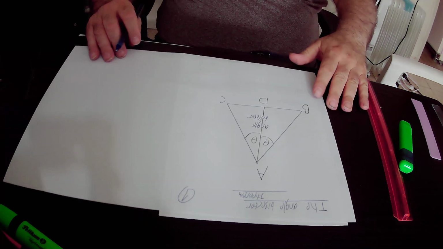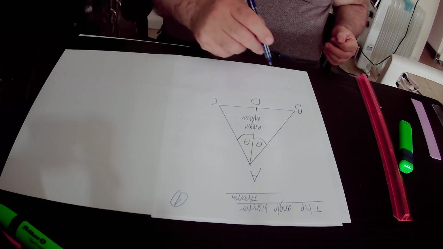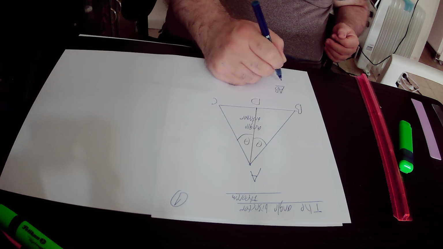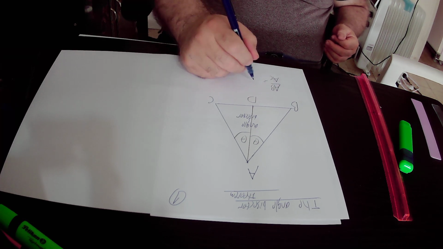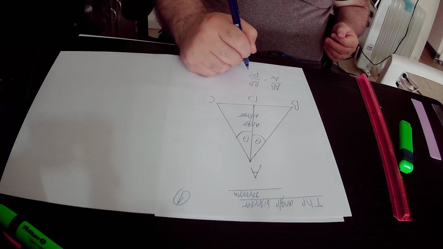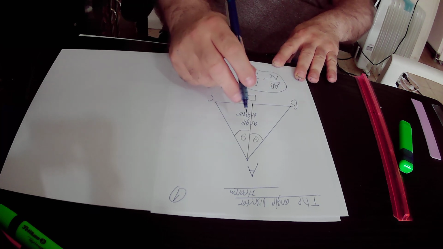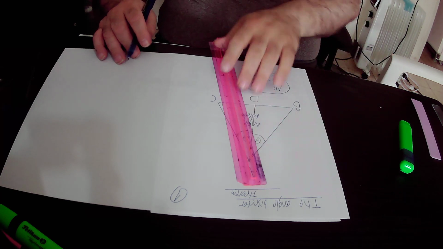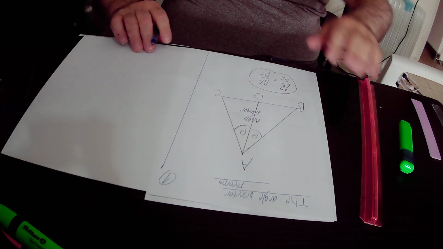According to the angle bisector theorem, the following equation is true: AB over AC equals BD over DC. We can implement the angle bisector theorem in our triangle ABC.